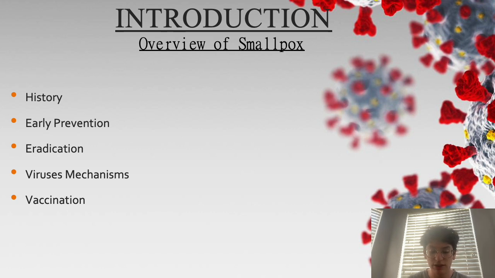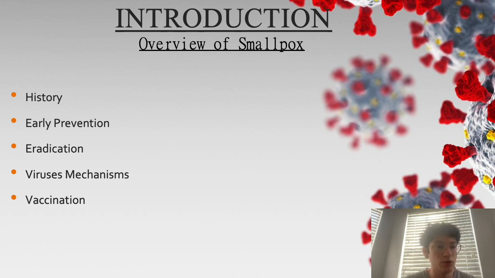We'll be discussing the vaccination, the history and how it was developed, by who, when, and where, as well as the virus's mechanisms and how it functions, and lastly the vaccination, to come full circle back into the overall theme of how things develop through time.